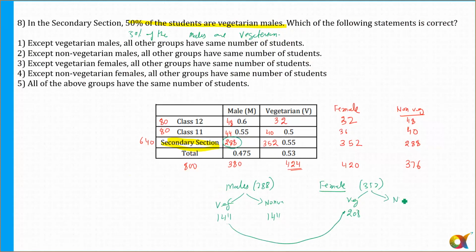And for non-veg, 352 minus 208 is equal to 144. So in this case, the correct answer would have been option number 3. Except vegetarian females, all other groups have the same number of students: 144, 144, 144. So it was just a language issue. If you make it correct, then you might get the answer.